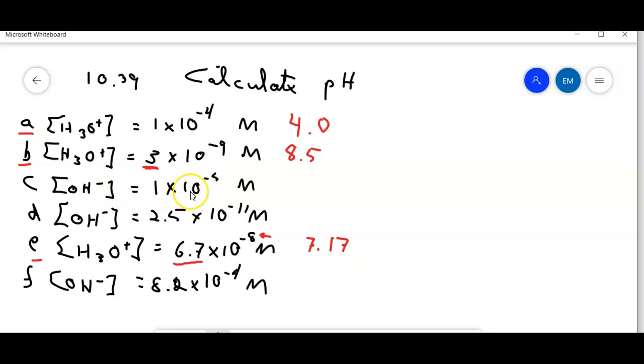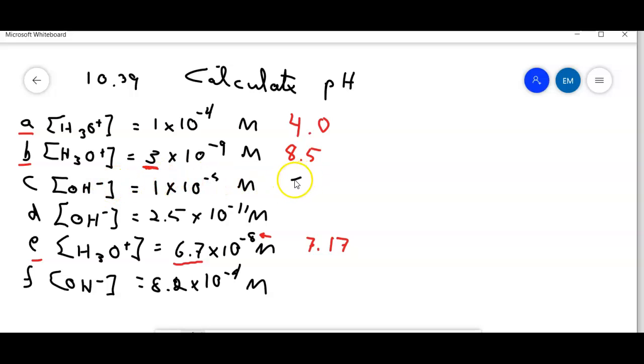Now there's a couple of ways you can do this for C, D, and F. One way is you can take the pOH and subtract it from 14, and that would be the pH. Or you could use the Kw.